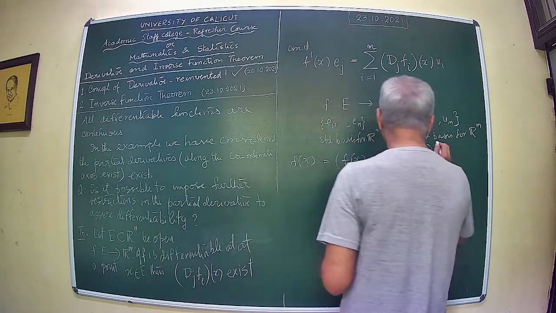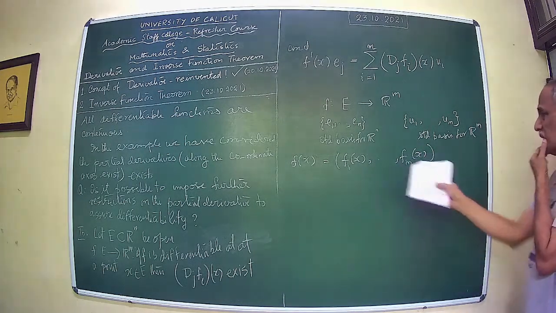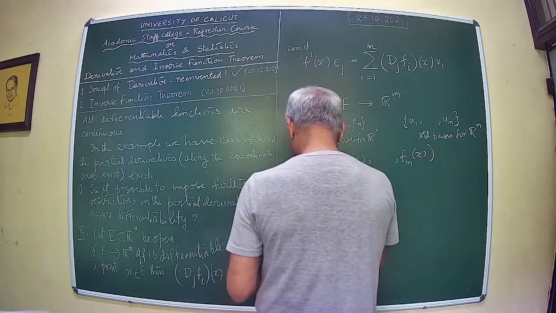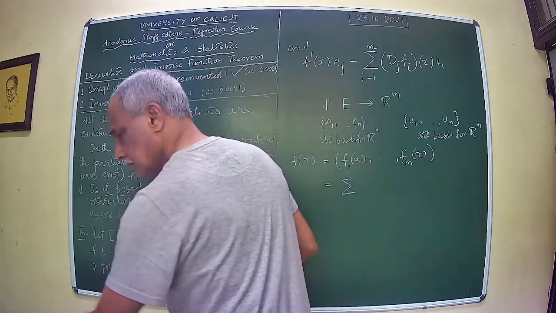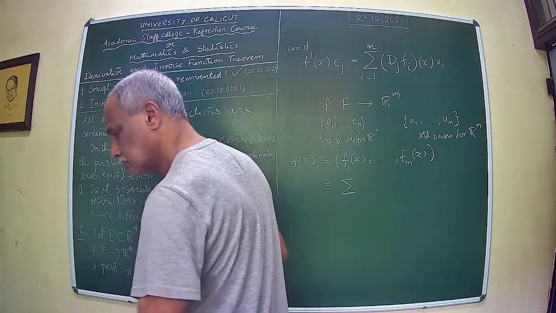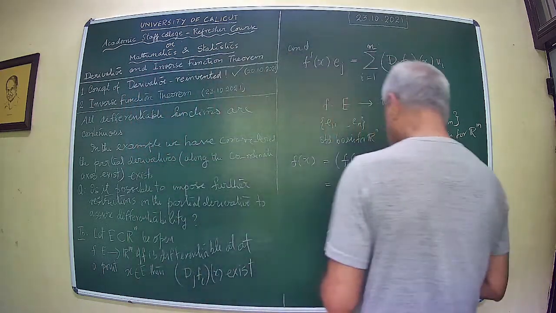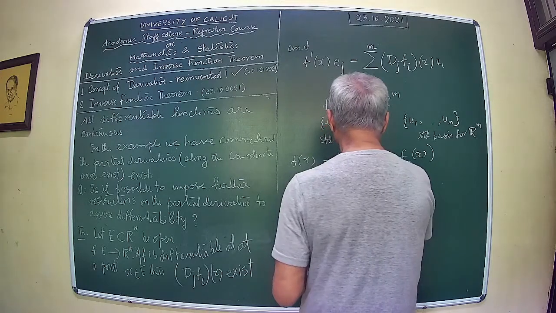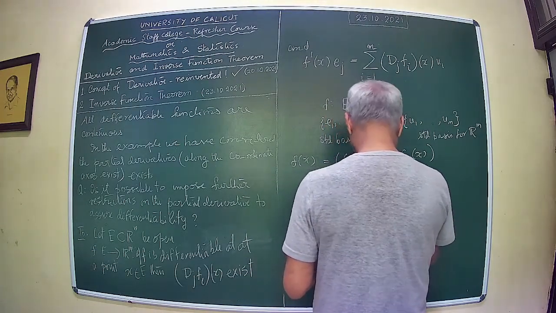These are scalar valued functions f_1, f_2, etc., f_m, and they are the components of f. And f(x) is equal to the sum over i equal to 1 to m of f_i(x) u_i.